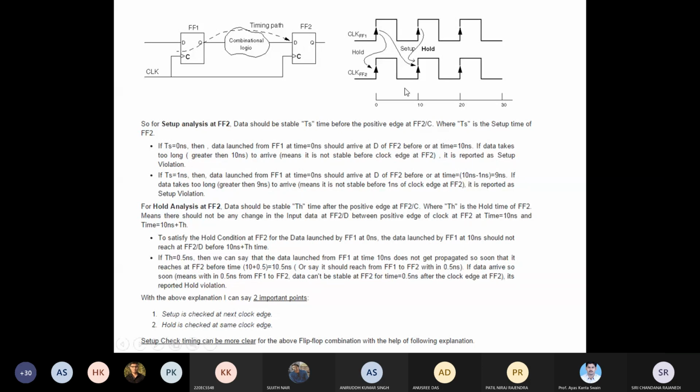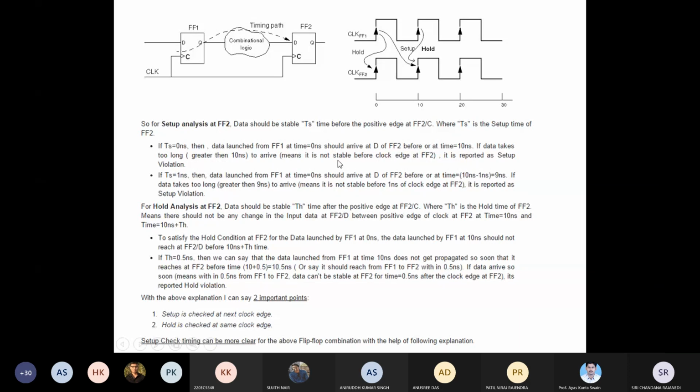So you have to remember these two important observations. Between two flip-flops, when data is sent and received, setup violation is checked at the next edge of your clock pulse for the next flip-flop, and hold is checked at the same edge of your clock pulse for the next flip-flop.